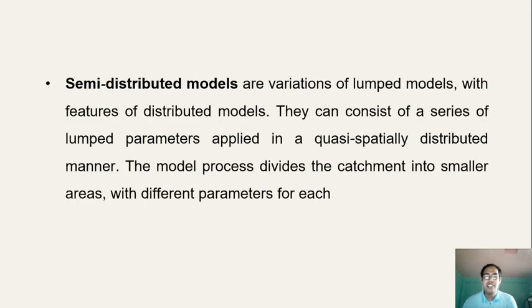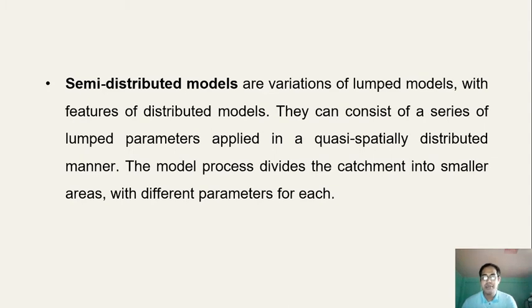So next is the semi-distributed models. Semi-distributed models are variations of lump models with features of distributed models. They can consist of a series of lump parameters applied in a quasi-spatially distributed manner. The model process divides the catchment into smaller areas with different parameters for each.